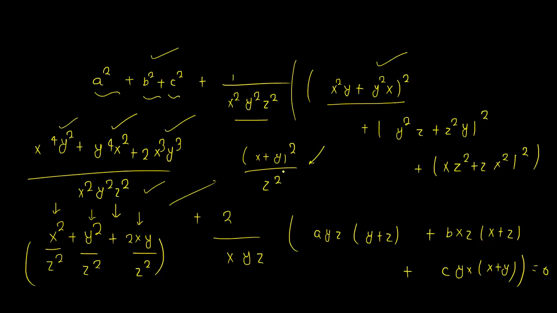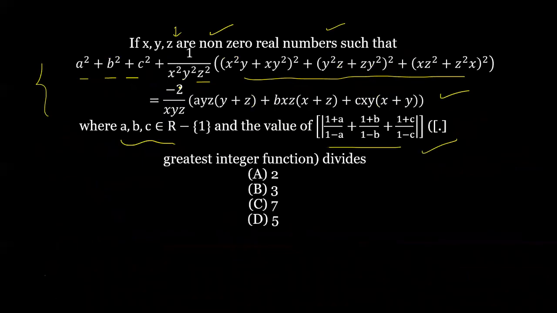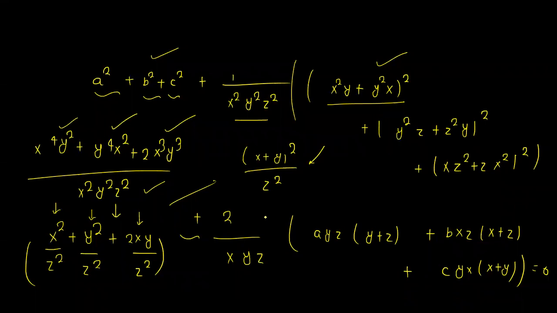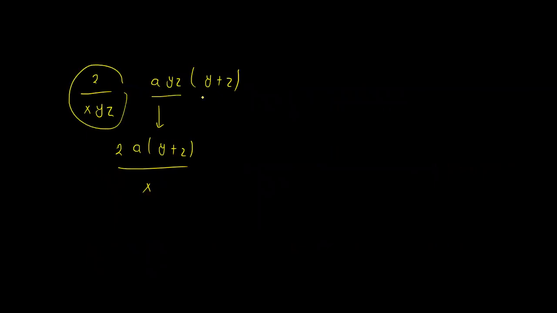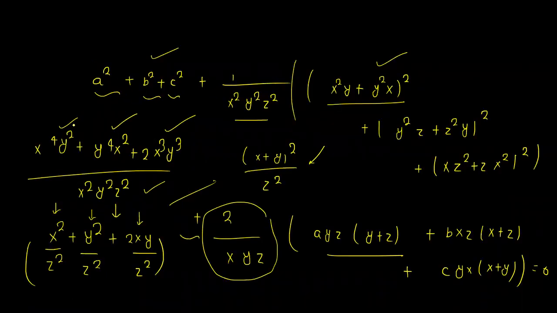Second kind of terms are this type, and third kind of terms we can form by taking this thing into the left hand side, so it will become plus, and then 2 times xyz and this kind of thing, so 2 times xyz times y plus z, so y z cancel, so it will become this. So if we take from here a square, and from here one term will also form in this.